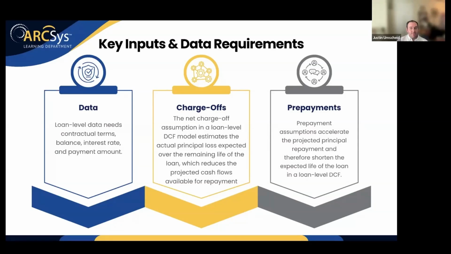And what I mean by that is, let's just say we have a consumer secured portfolio, and we're building in an expectation of charge-offs using third-party data that is a 1% annualized loss rate. But our own annualized loss rate is 3%. That would generally draw some sort of concern that the third-party data you're using is not reflective of your institution-specific risk, and therefore most likely needs to be adjusted through the use of qualitative factors. And we'll talk more about qualitative factors here in a few.